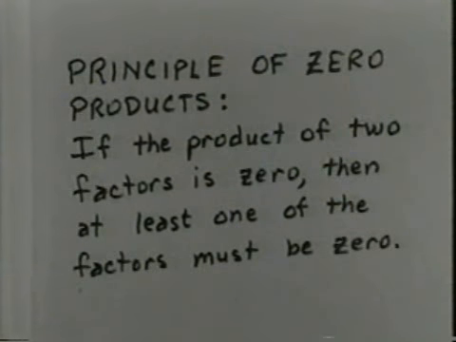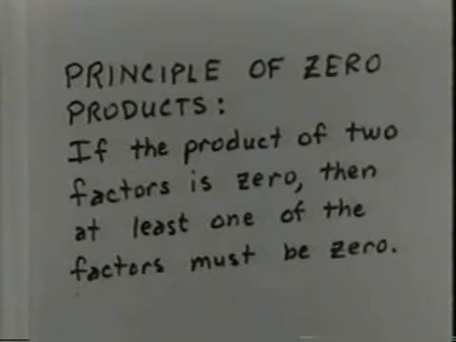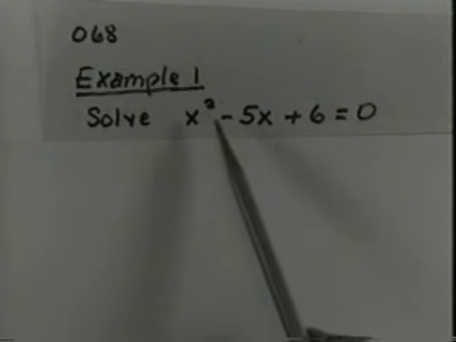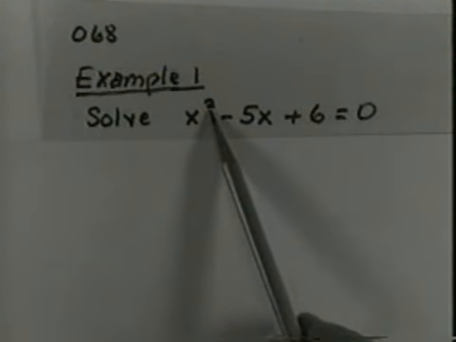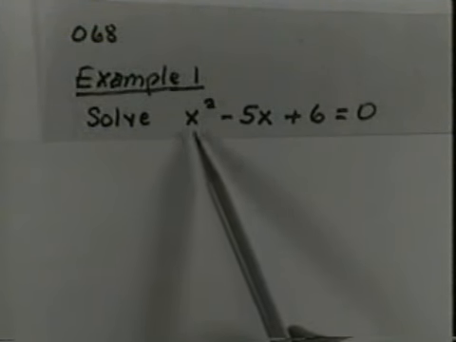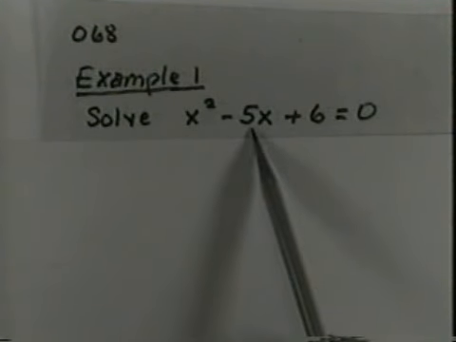Let's take an example and go through the steps. Our first example is a quadratic equation. We recognize it as quadratic because the highest exponent is 2. We're to solve x squared, subtract 5x, add 6 equals 0.